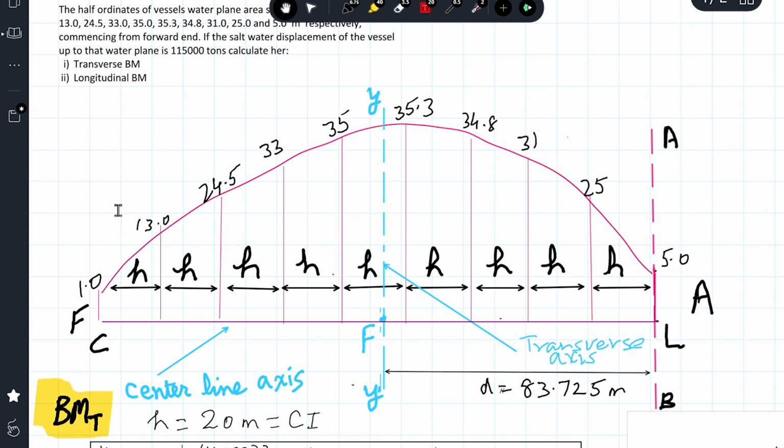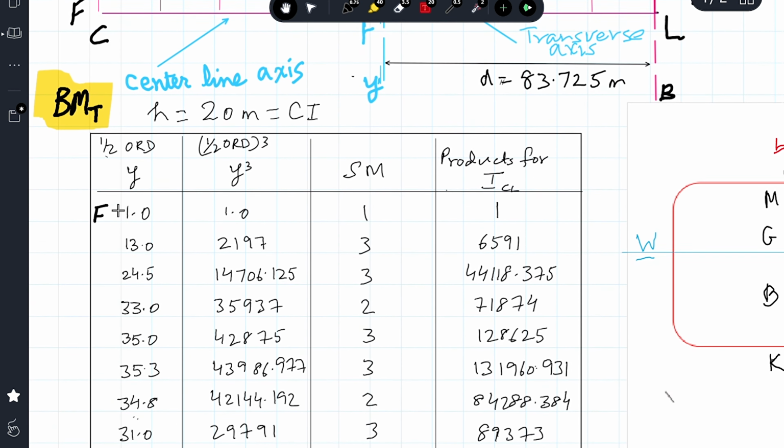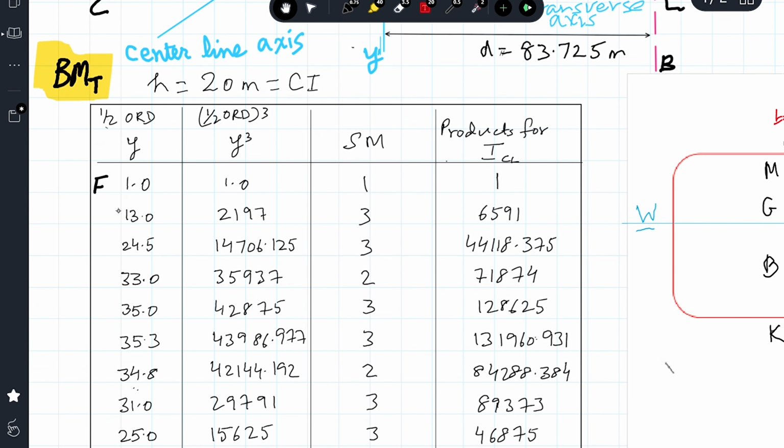For calculating BM transverse, first write the half ordinates forward to aft as given in the question, first column. Then find the y cube. Write the cubes of all the ordinates, like cube of 1, 13, cube of 13, cube of 24.5, cube of 33, cube of 35, like this.